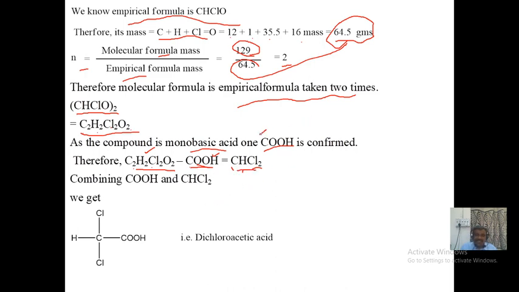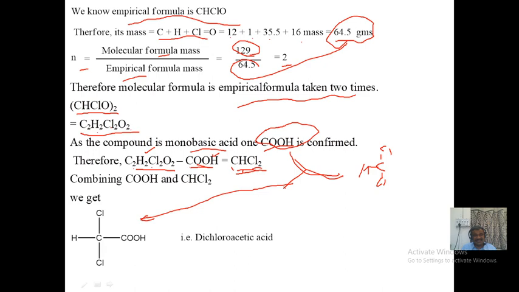So the first part of this structure is COOH because it is a monobasic acid. If I subtract it from its molecular formula, you are left with CHCl2. If I write it separately, friend, CHCl2 is what? 1 chlorine here, 1 chlorine here, hydrogen here. So 2 parts, friend. One is the COOH part, the second one is CHCl2. If I combine these 2 fragments, I am going to get this particular compound. And what is this?